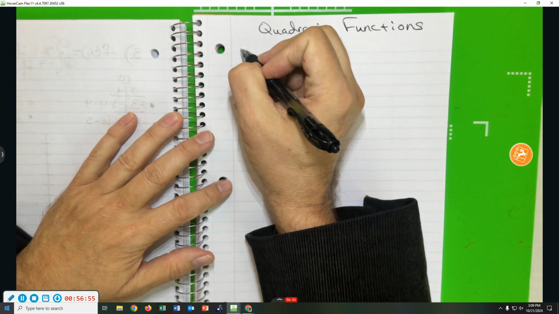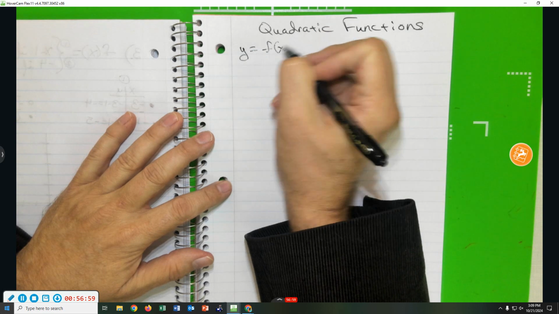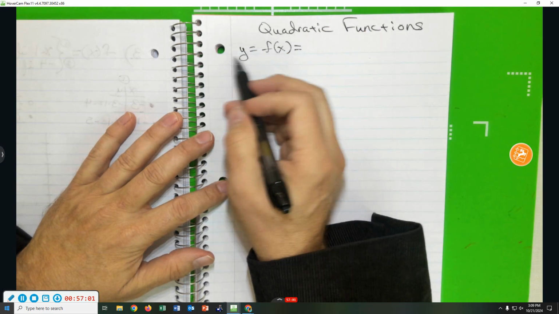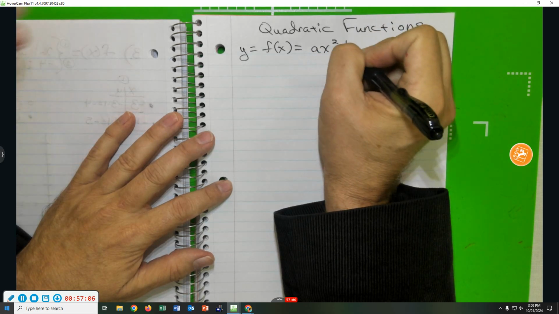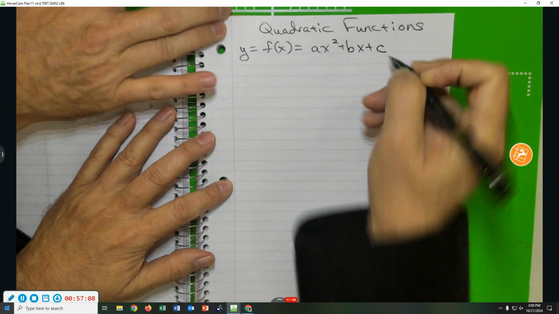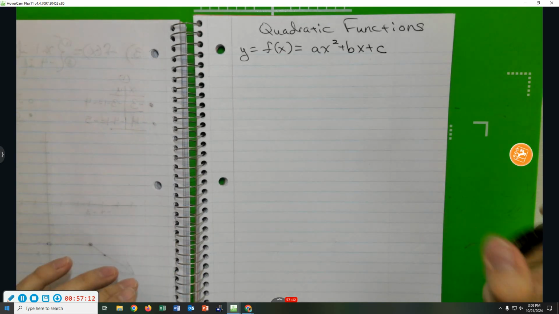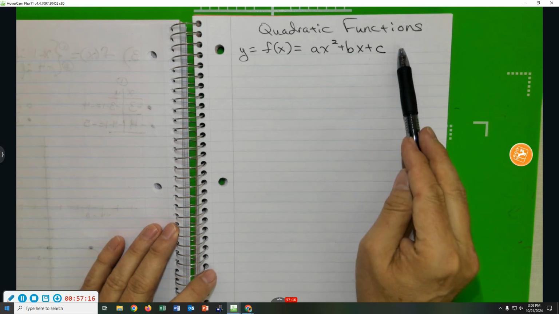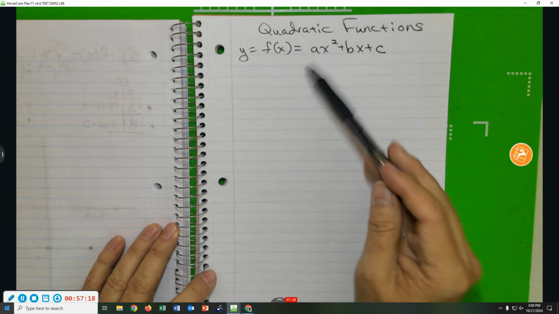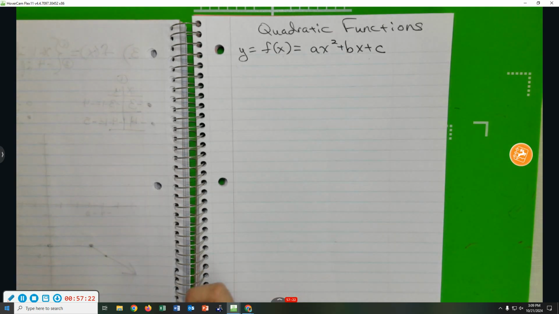A quadratic function is in the form y equals or f of x equals ax squared plus bx plus c. Remember, f of x and y are the same thing. A quadratic equation has to have that ax squared plus bx plus c equaling 0. A quadratic function has to have the function equaling the quadratic expression.